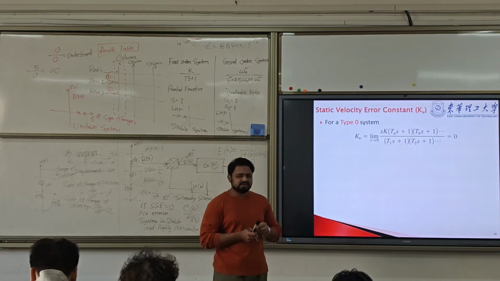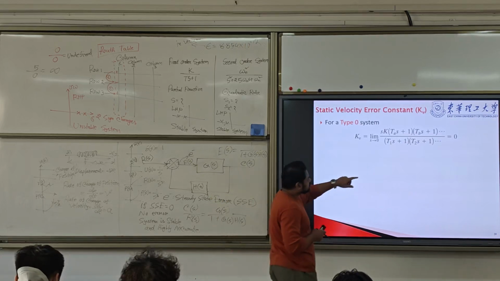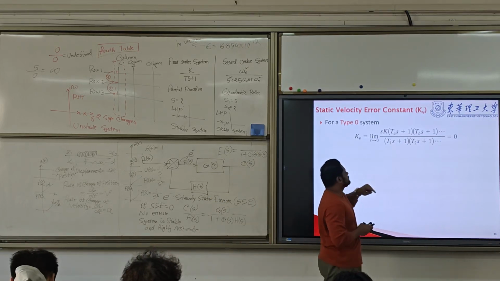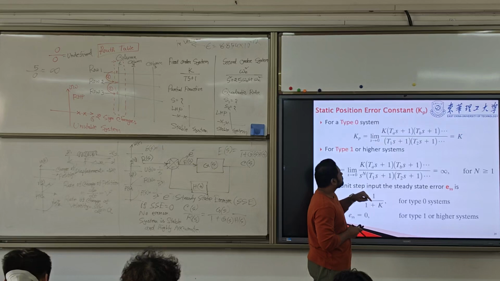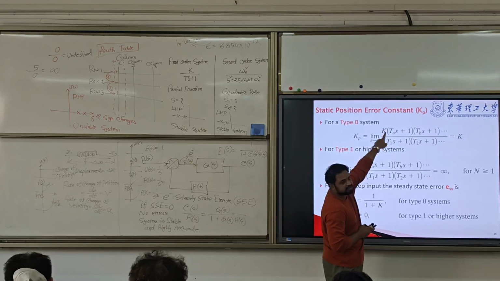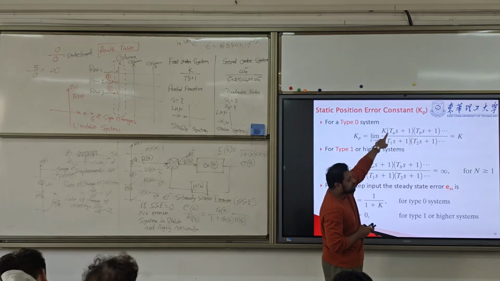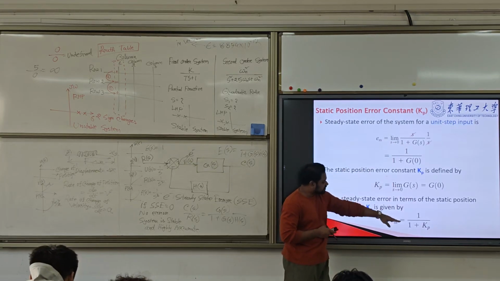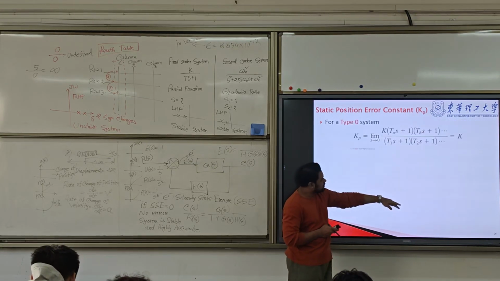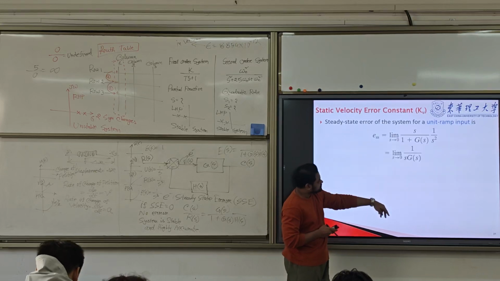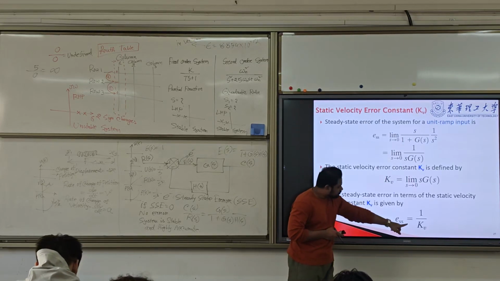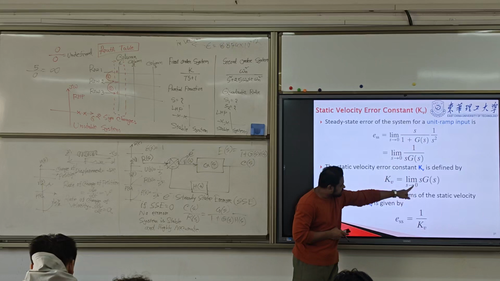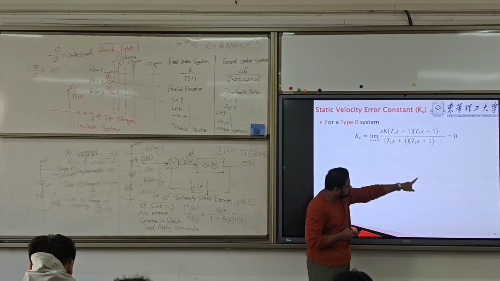Now look at the differences. Here we have an s, before there is no s. Why? Because of this equation, there is no s. Here 1 by Kv, here we have an s, sGs.